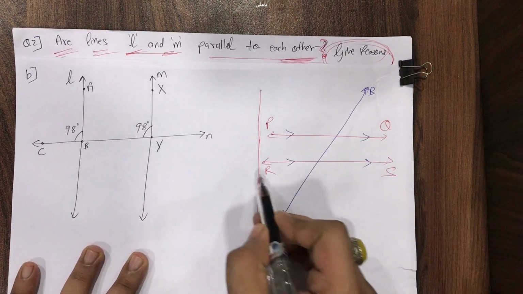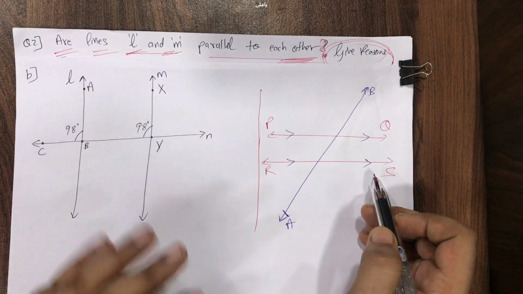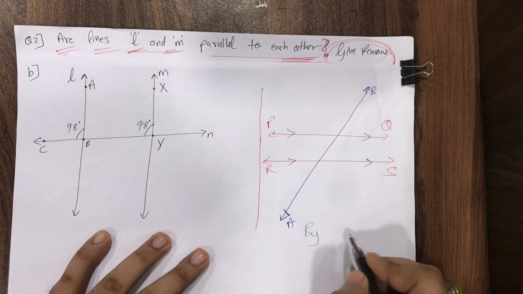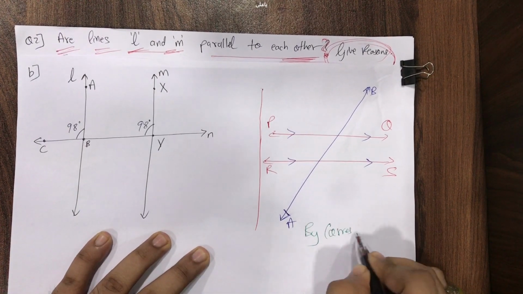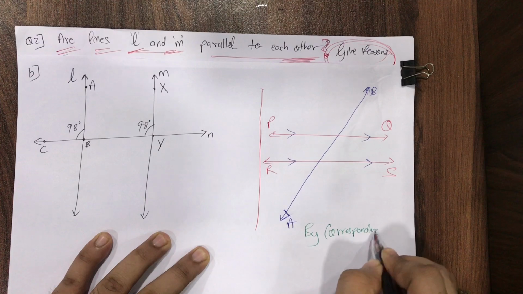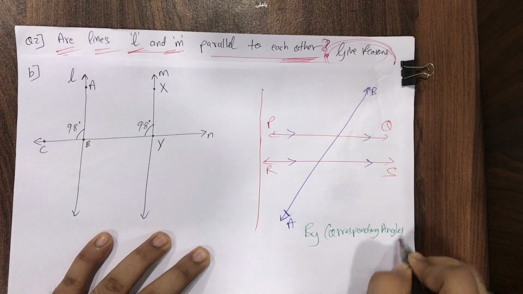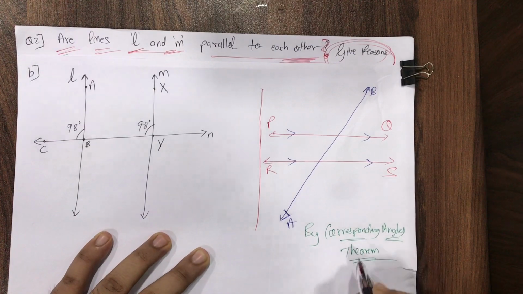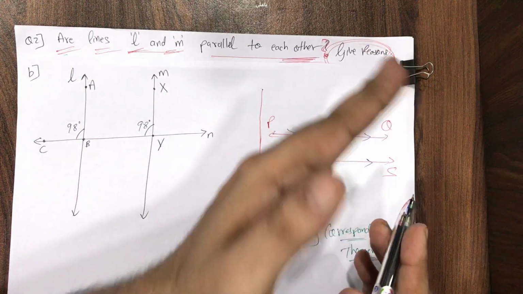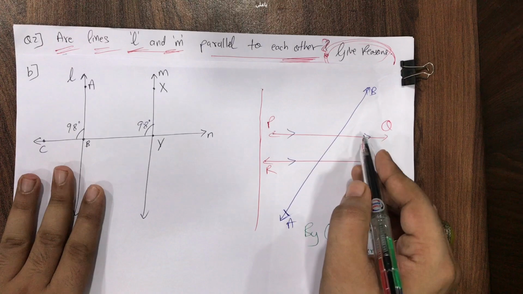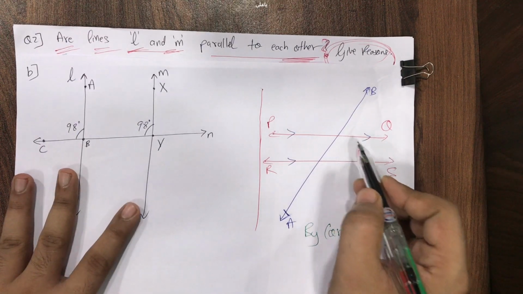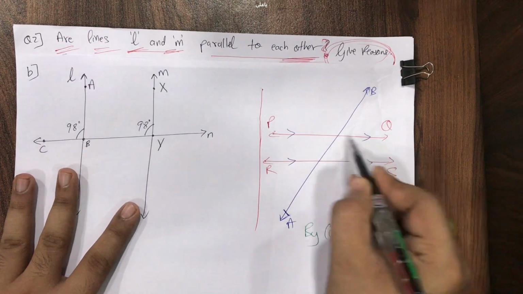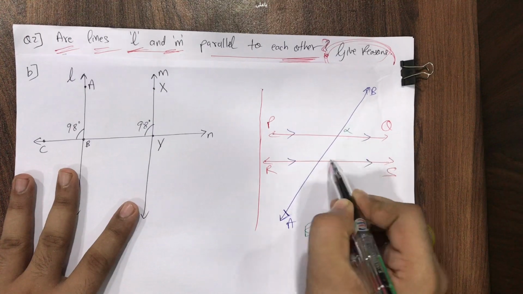If PQ is parallel to RS, then only by the corresponding angles theorem. Which angles? The angles on the right side of this blue transversal, and it should be above this line. So one is this angle and the other is this angle.